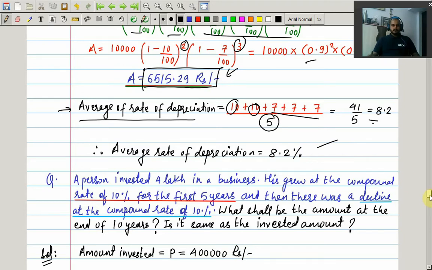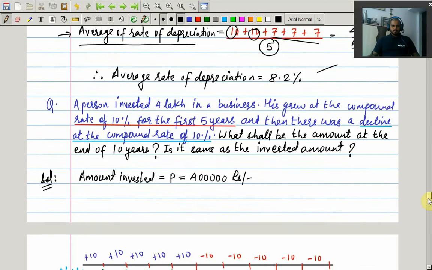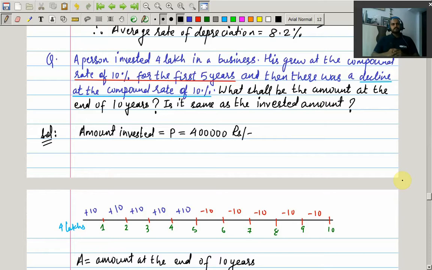So let's take one more question. A person invested 4 lakh in a business.